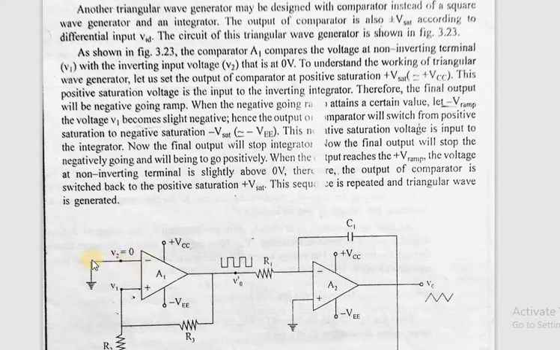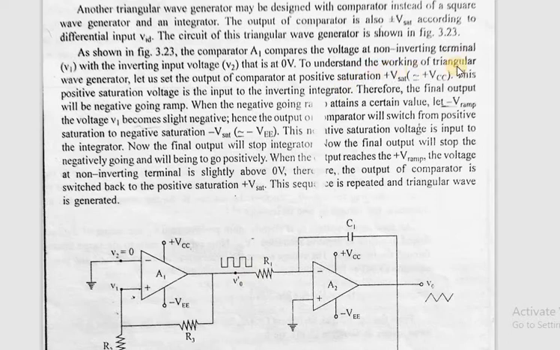Since the inverting input, as you can see, is grounded, the inverting input voltage V2 is 0. Comparator A1 compares the voltage at the non-inverting end V1 with this V2, which is our reference voltage. In turn it gives a square wave.